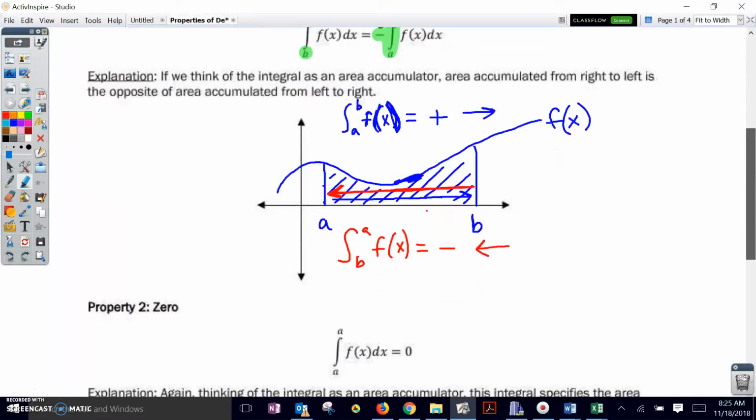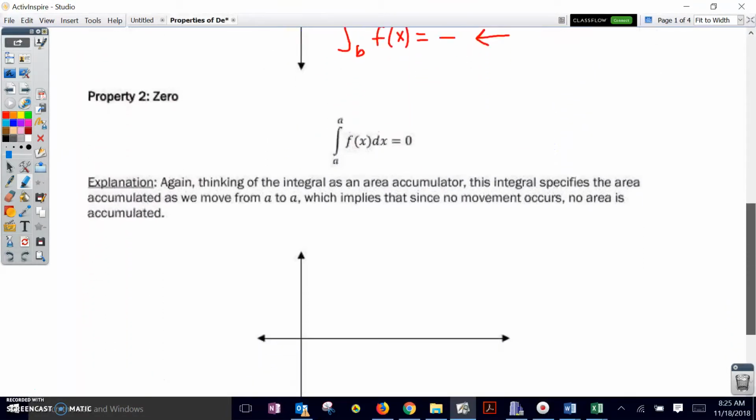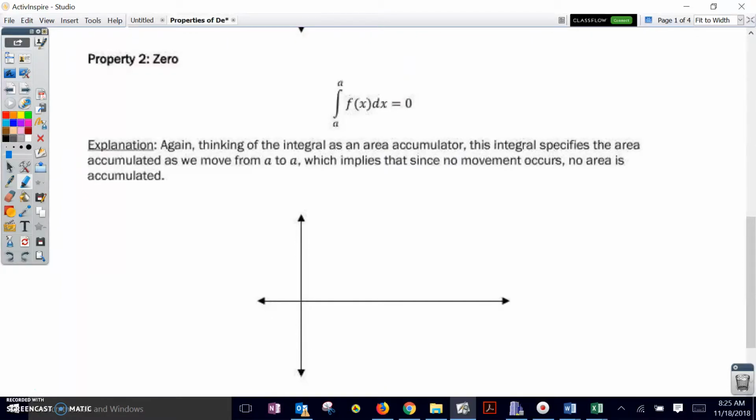Property 2. The zero property for definite integrals. If I have a function f of x, in this property we're finding the integral from a to a.